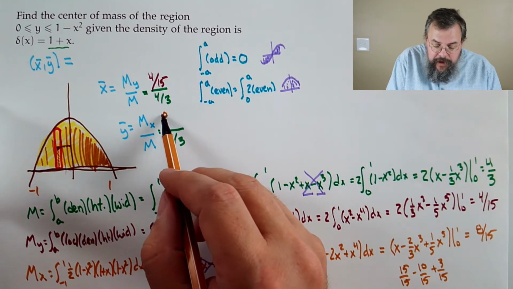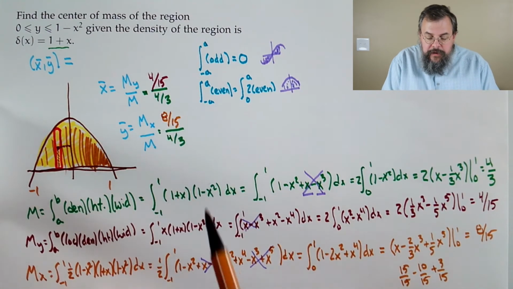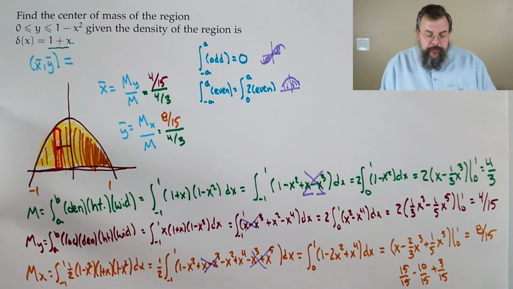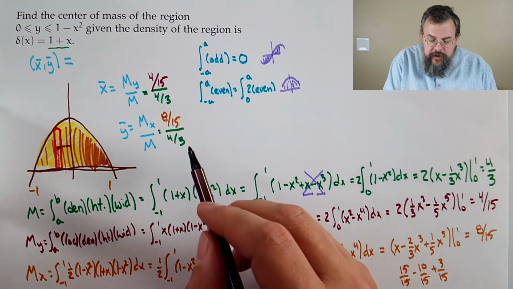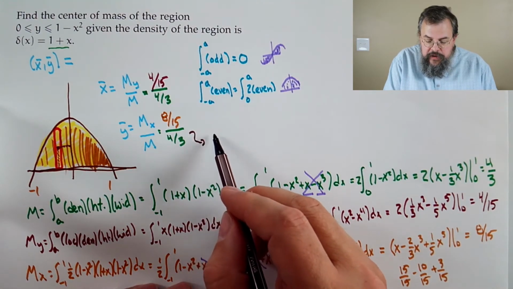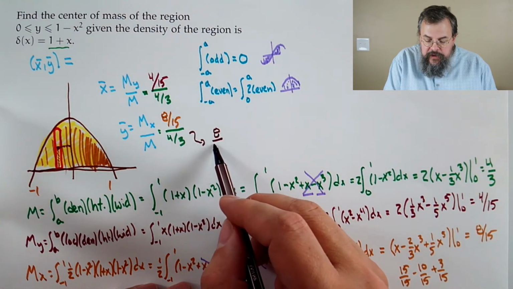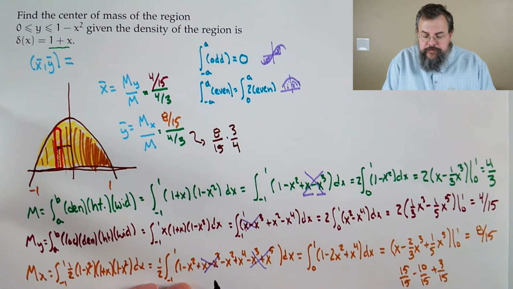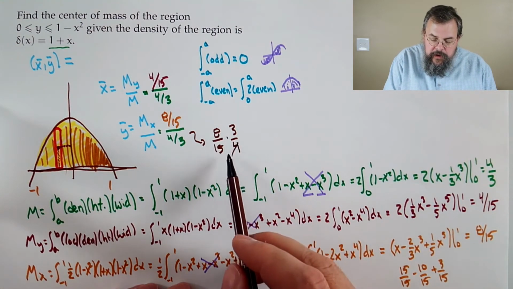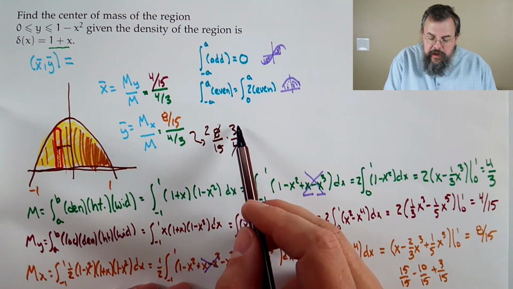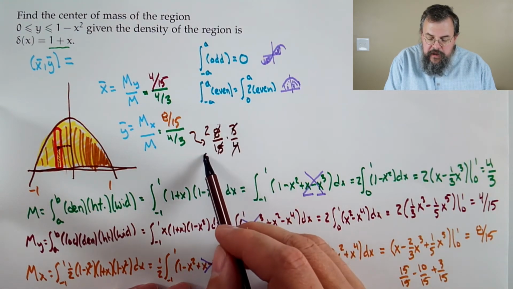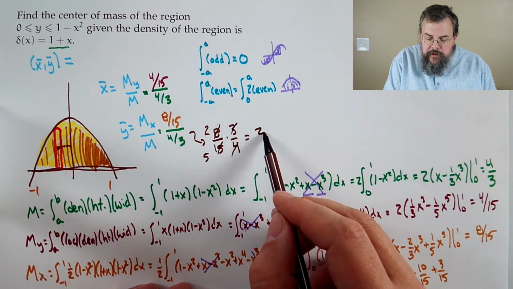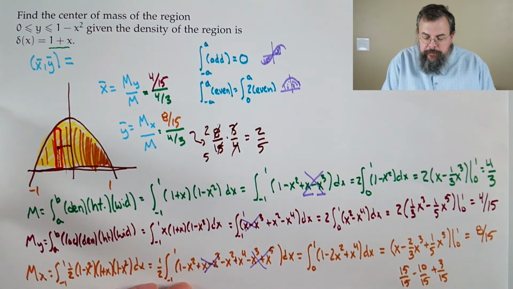Okay, well, now we need to clean things up. So we'll start with y bar since it's just right here. 8/15 over 4/3, that's really the same as 8 over 15 times 3 over 4. Well, 4 goes into 8, and 3 goes into 15, leaving us with 2/5.